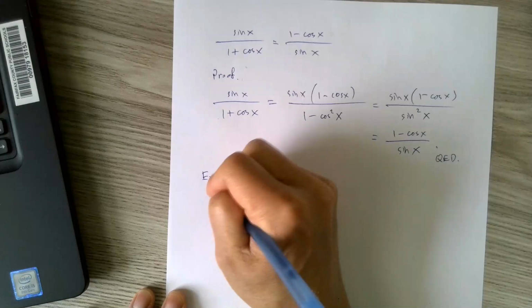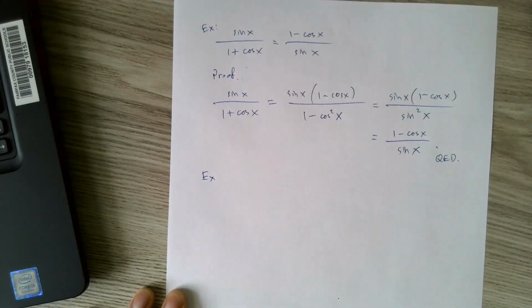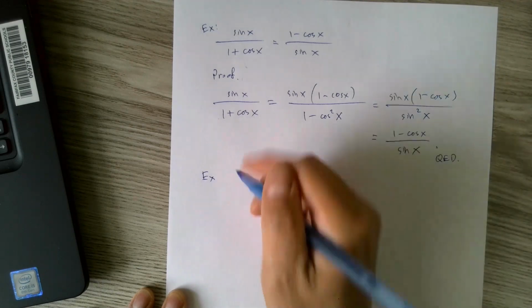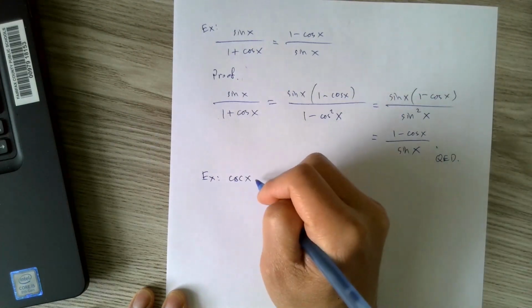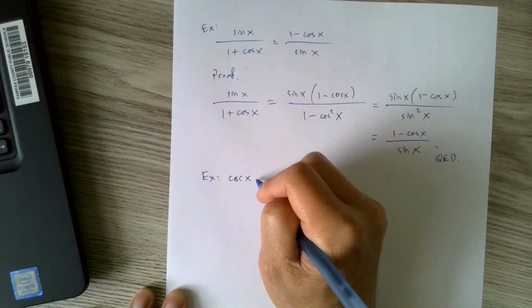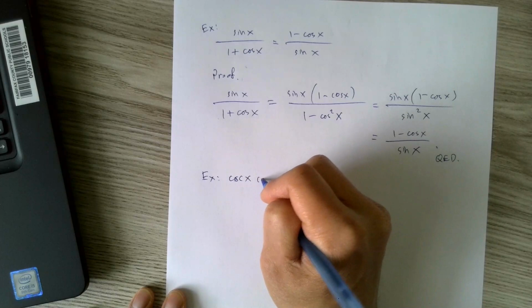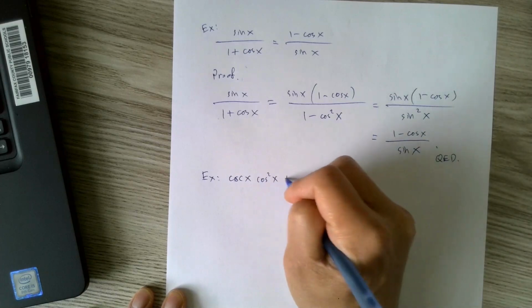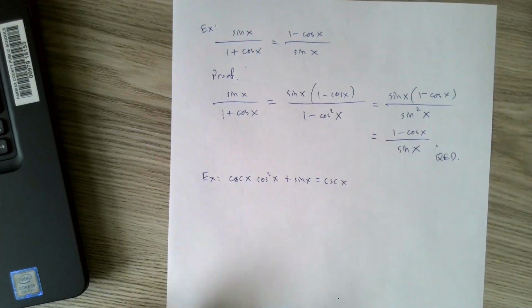Okay, next one. Cosecant of x times cosine squared of x plus sine of x equals cosecant of x.